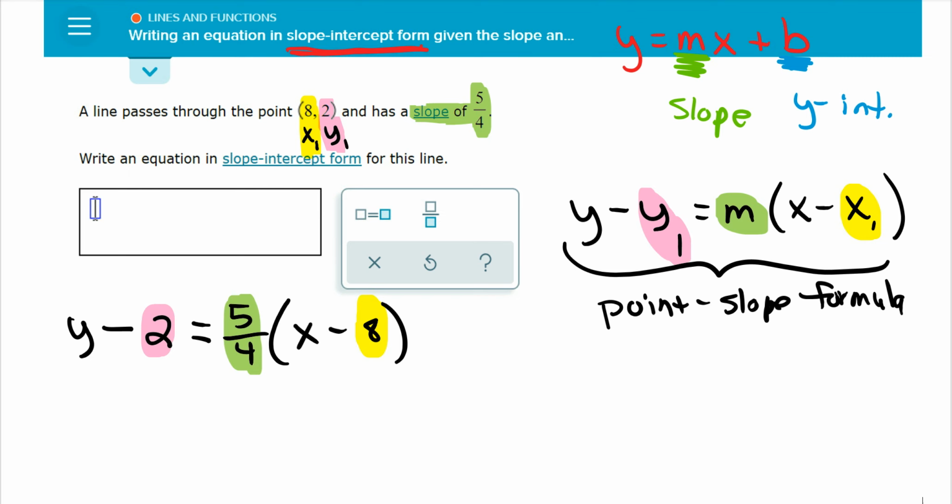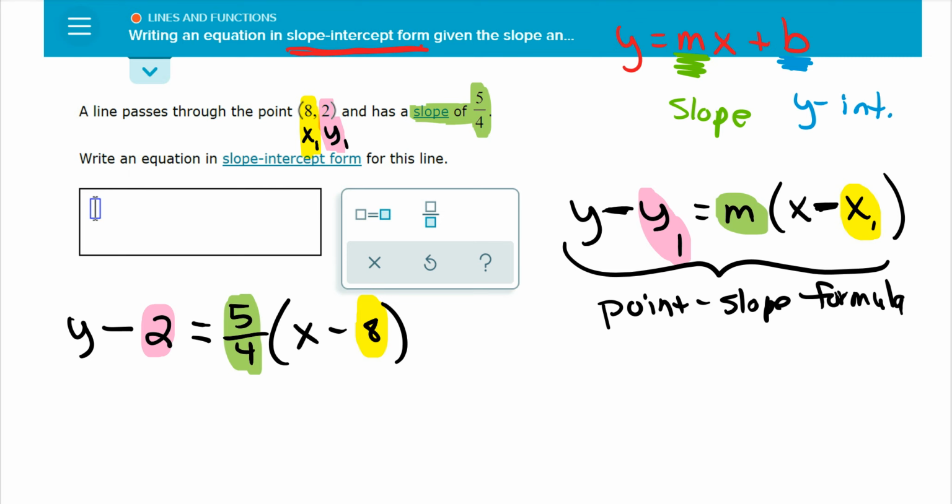The formula has these subtraction signs in it. It's y minus y sub 1 equals m times x minus x sub 1. So if one of your coordinates was negative, like if the 2 up here in the pink was a negative 2, I'd have y minus a negative 2, which ultimately would become y plus 2.